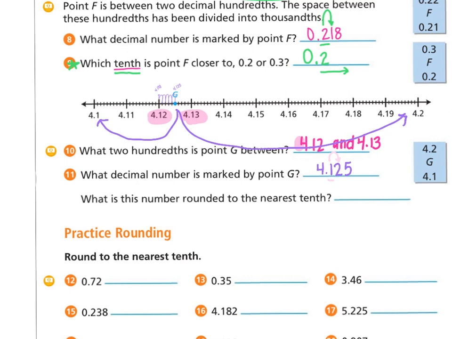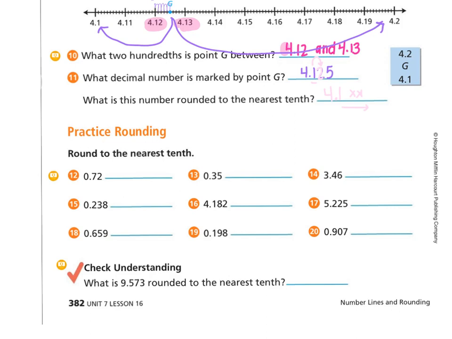If it's 5 or greater, add 1 more. If it's 4 or less, 2 is less than 5, let it rest. So the 1 stays the same. Everything on the left is the same. Everything to the right gets eliminated. So 4 and 1/10.